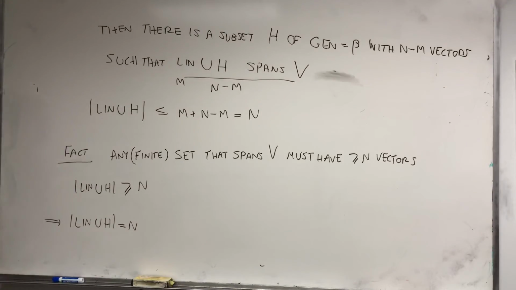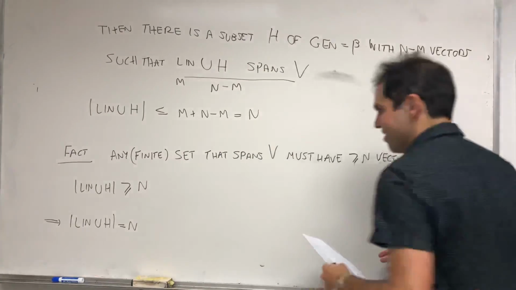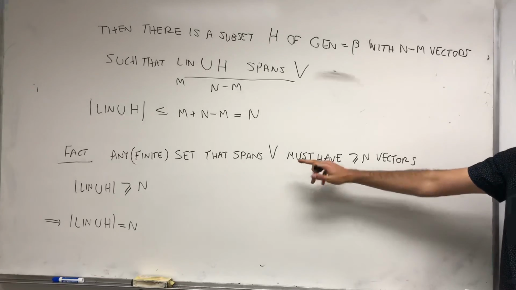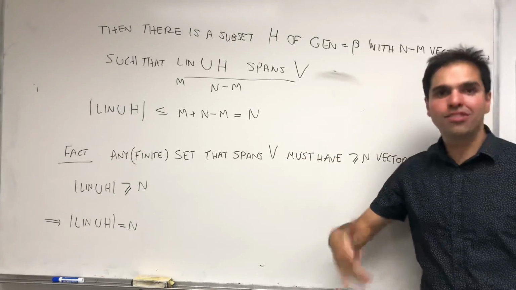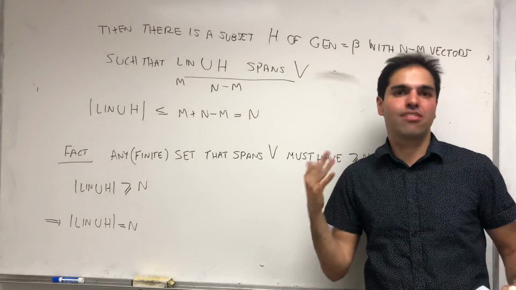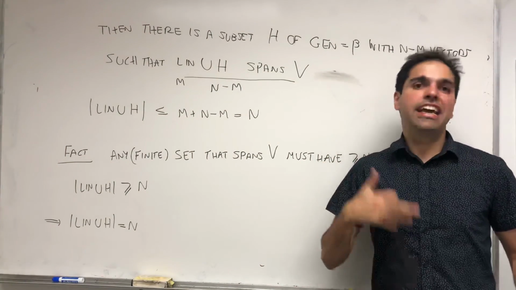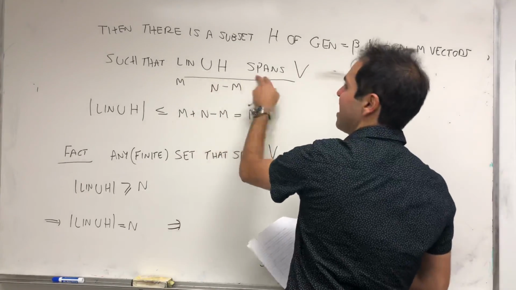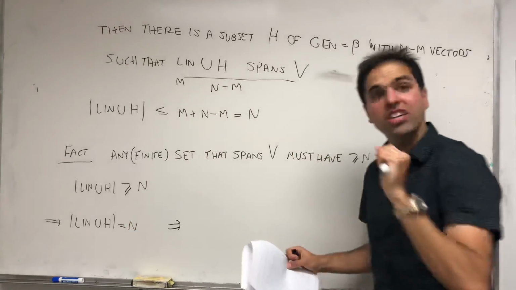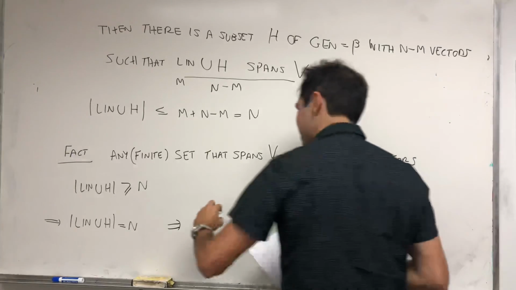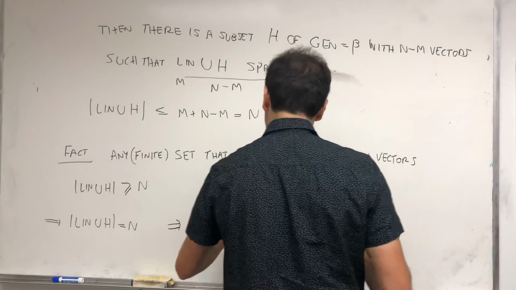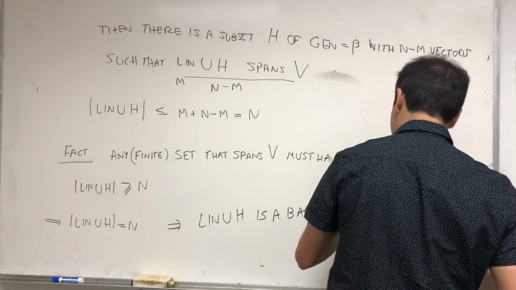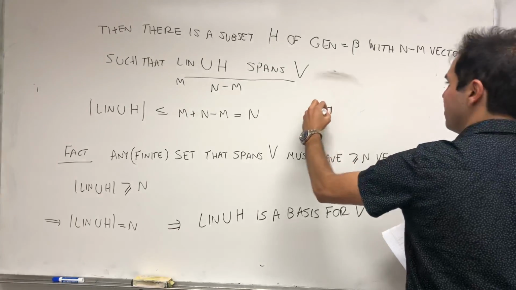And here's another fact, which again is out of the scope of this video: if you have a spanning set with n vectors, so for example, a set in R3 with 3 vectors that spans R3, it must be a basis. So indeed, because this set spans V and it has just the right number of vectors, L union H is a basis for V. And that's precisely what we have done.